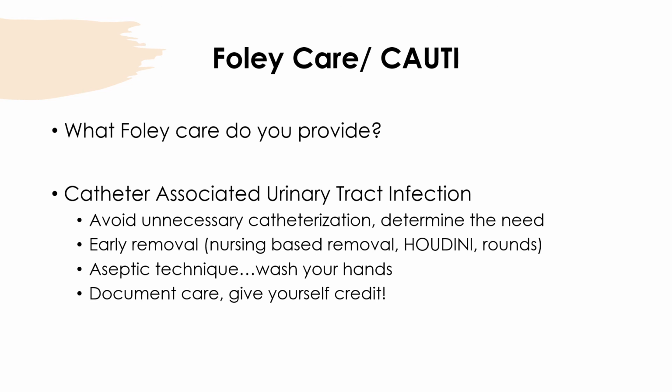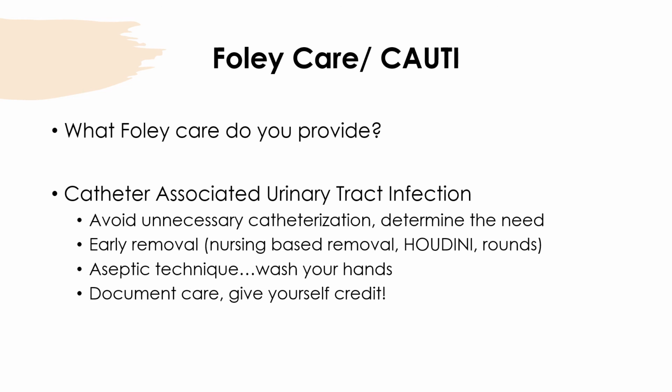So we want to make sure that our bag's hung below the level of the bladder, right? We don't want our bag hanging on a bed rail that can move up and down, which can pull the catheter out. We want to make sure that the Foley bag is hanging on the frame of the bed. We don't want the bag to be overflowed where it can actually back up into the tubing and cause an infection.